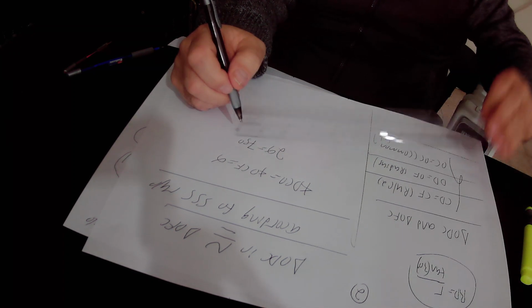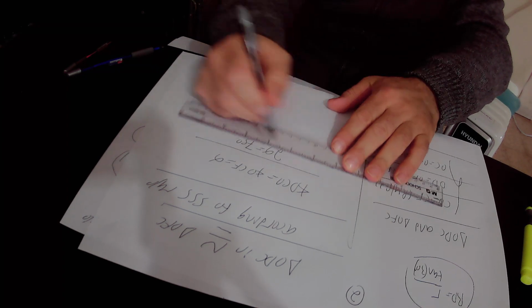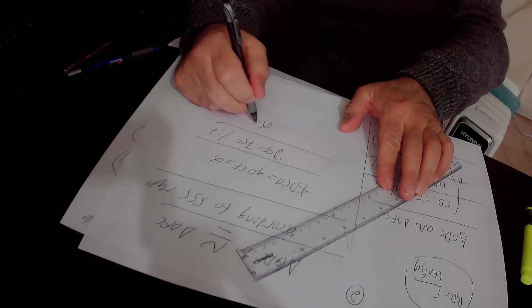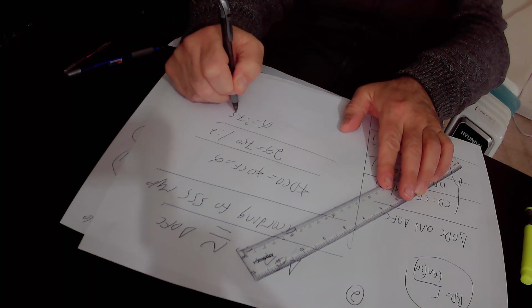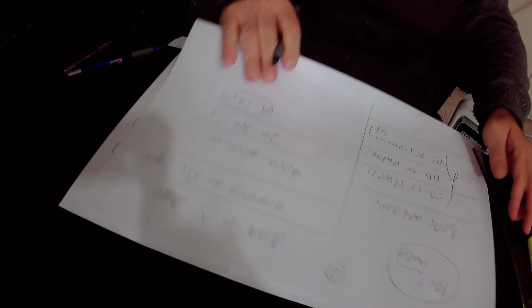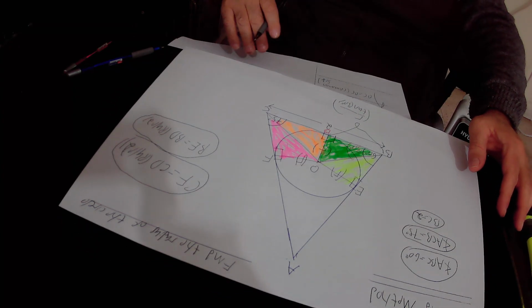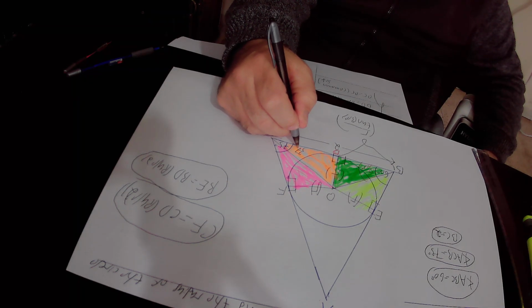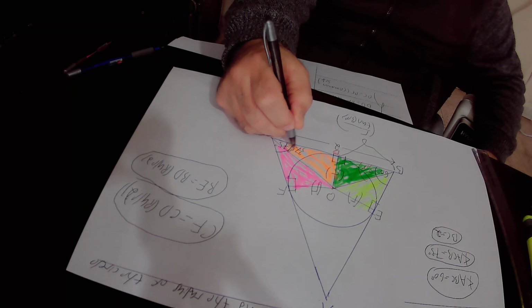We divide this equation by 2 and get that angle alpha equals 37.5 degrees.